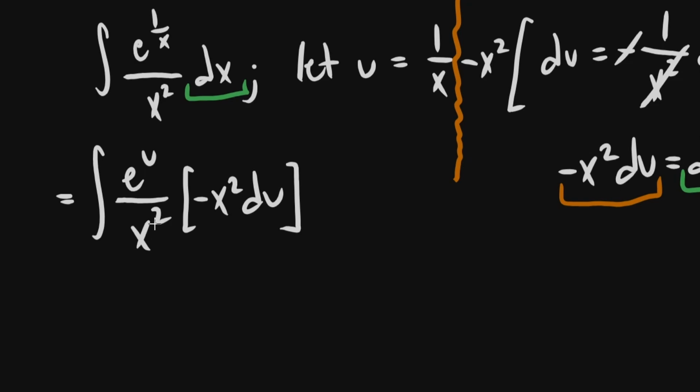So they should cancel, and the negative should be put on the outside. e raised to u, du.